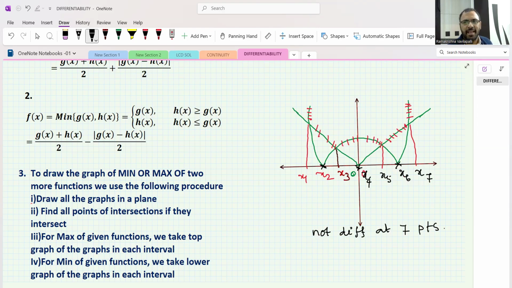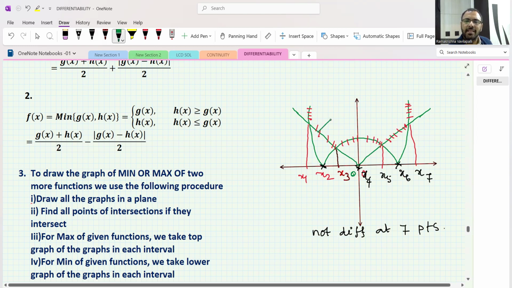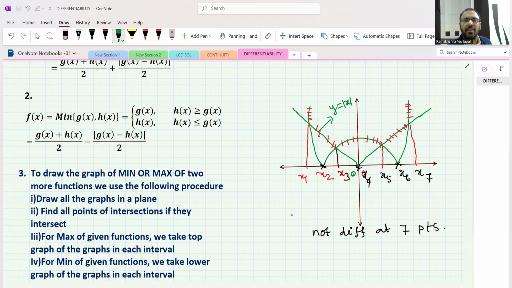Well, I can immediately create an example. Let us say this is the y equal to mod x graph, and the other one is a parabola.